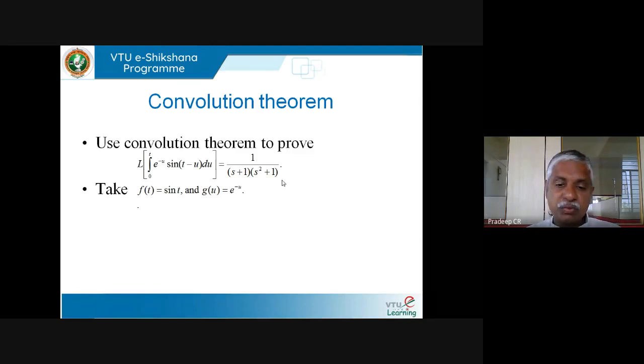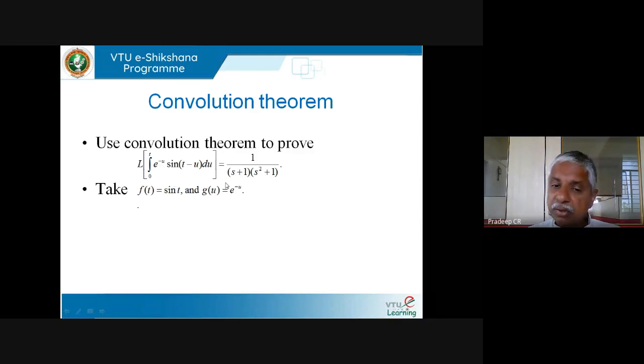1 by s plus 1 is the Laplace of, sorry, e power minus t. Correct? E power minus t has Laplace 1 by s plus 1. And 1 by s square plus 1 is the Laplace of sine t.